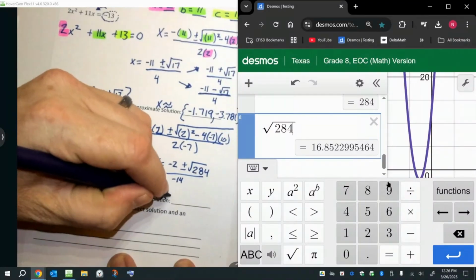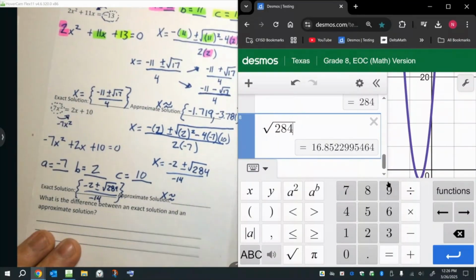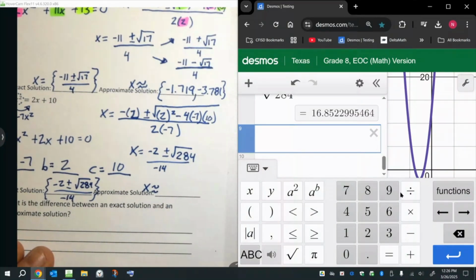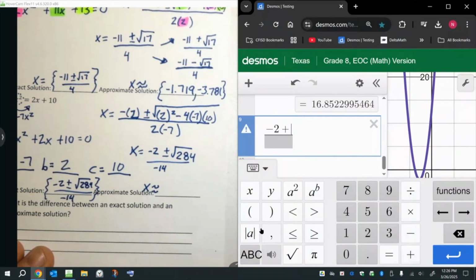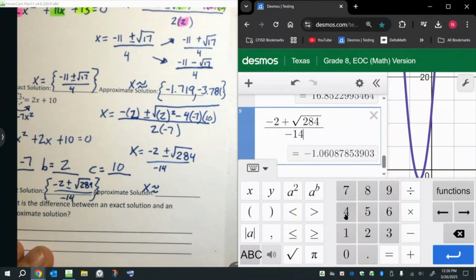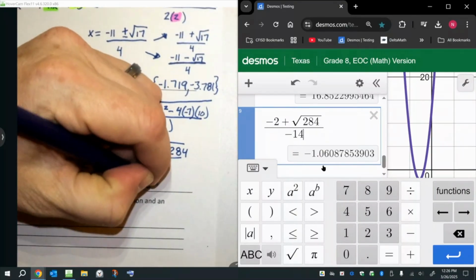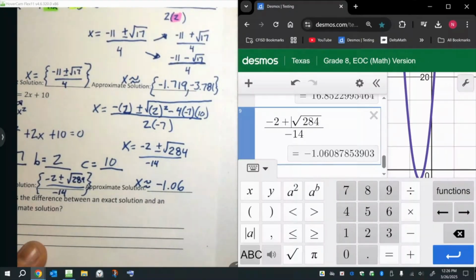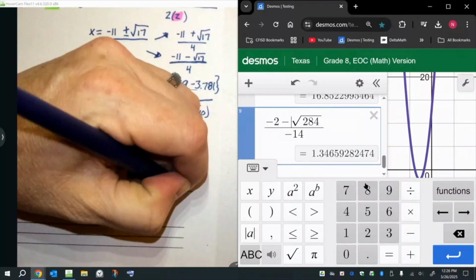My approximate solution will be whatever this entire piece becomes when typed in. Negative 1.06, and then the other one is going to be 1.34.